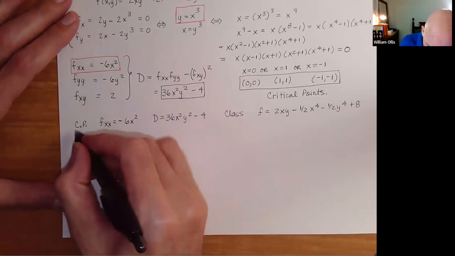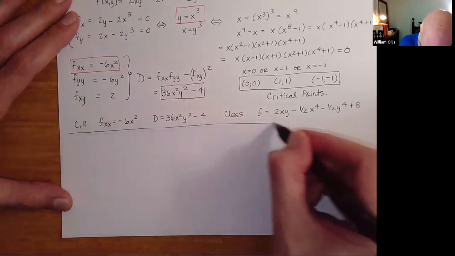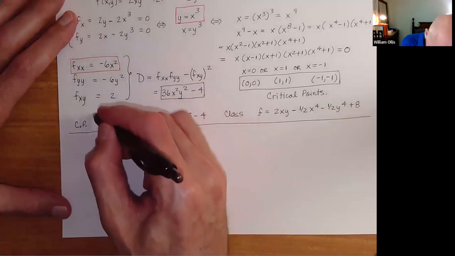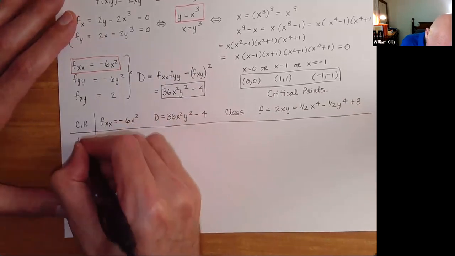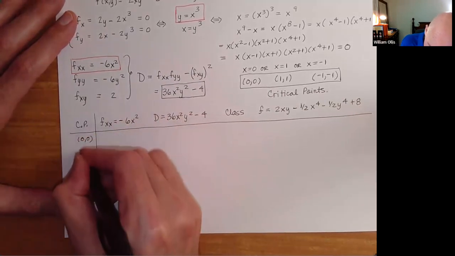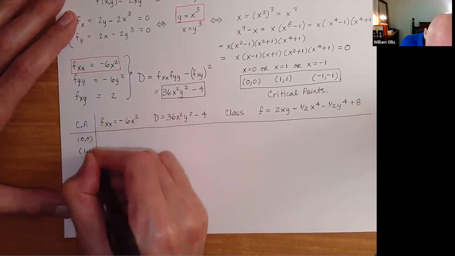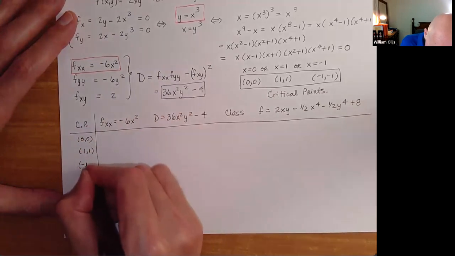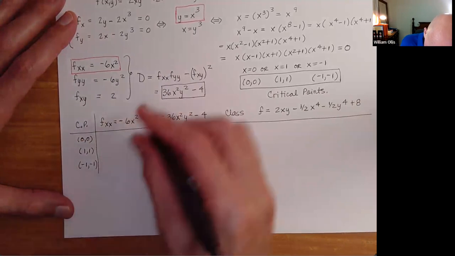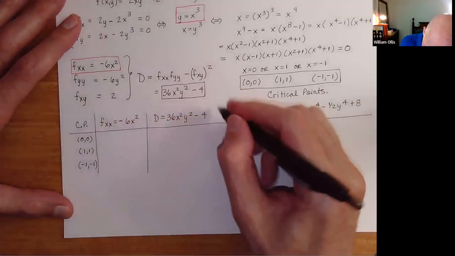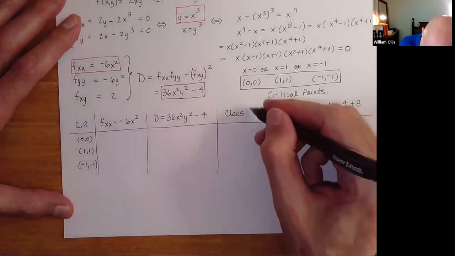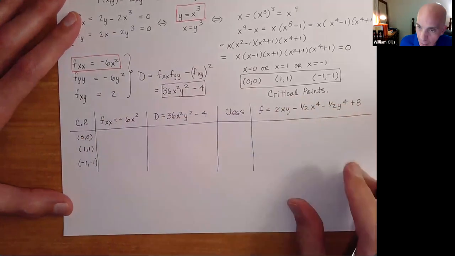And then, of course, we'll just fill these in with the 3 critical points that we have. So we've got 0, 0. We have 1, 1, and -1, -1. So we'll have a column here, another column, and then here for the last column.